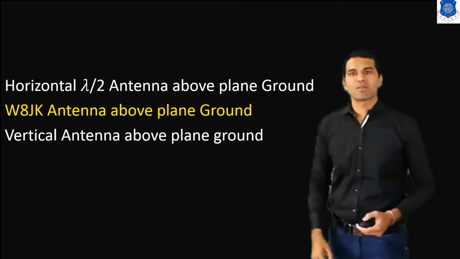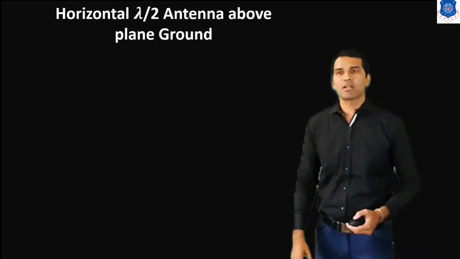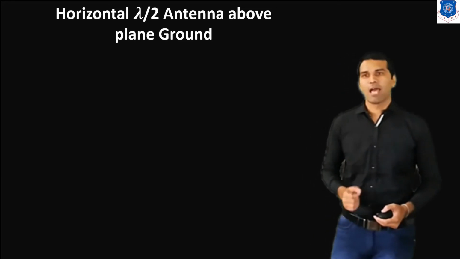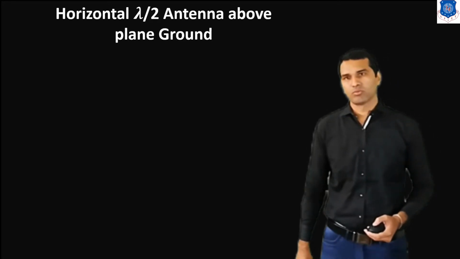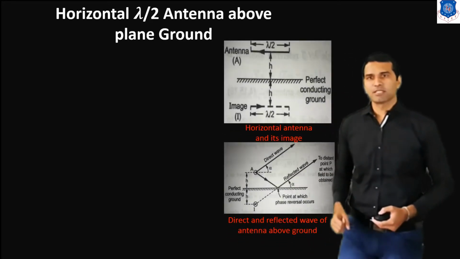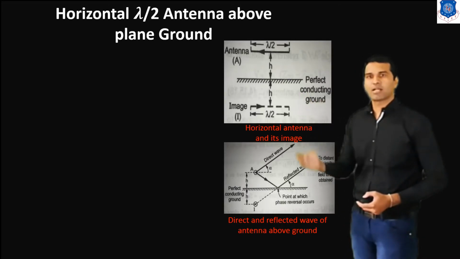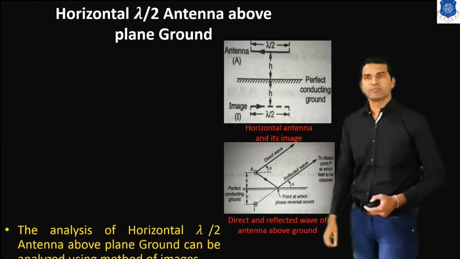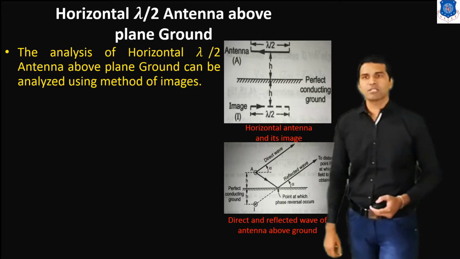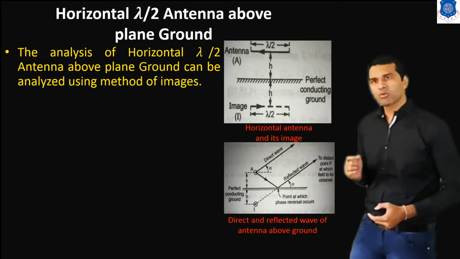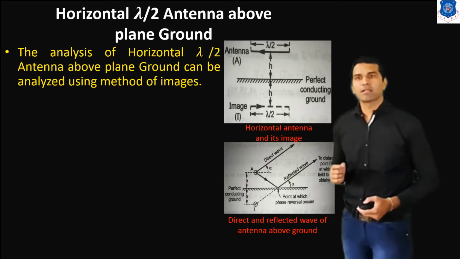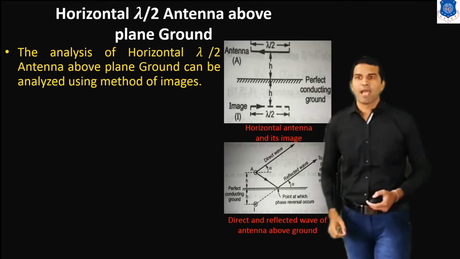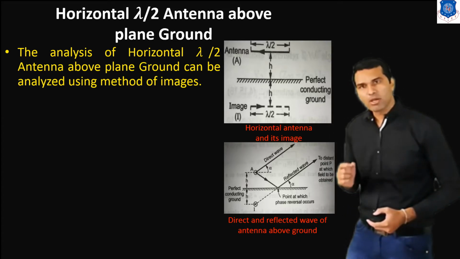So first of all we start with the horizontal lambda by 2 antenna above plane ground. See, this is the figure for the horizontal lambda by 2 antenna. The horizontal lambda by 2 antenna above plane ground can be analyzed using the method of image.